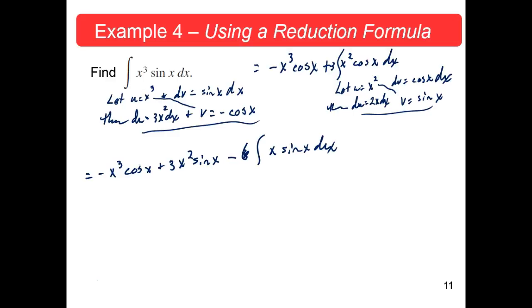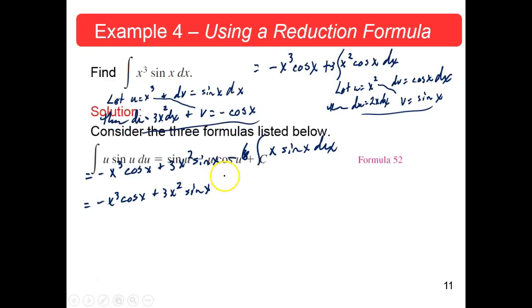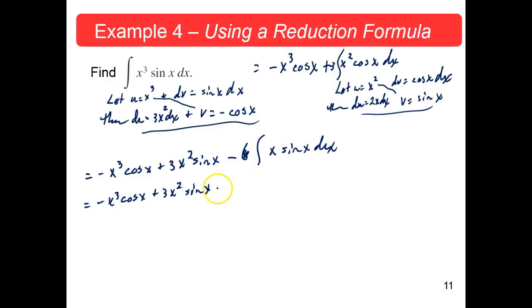Everybody in agreement so far? Okay. One more step to go. Well, at least one more step to go. Don't forget these. Minus x cubed cosine x plus 3x squared sine x minus 6. Now what are we going to do with that one? Oh wait, yeah, okay. I think we've got everything covered.